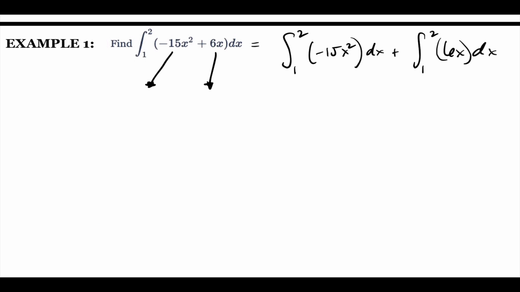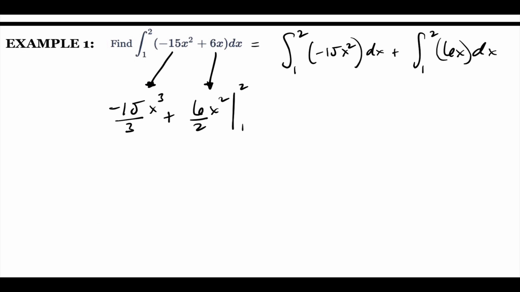So power rule says add 1 to the power, divide by the new power. So add 1 to the power: negative 15x to the third, divide by the new power, which is 3, plus 6x squared, divide by the new power. And then we put a line after it. We put 2, 1.